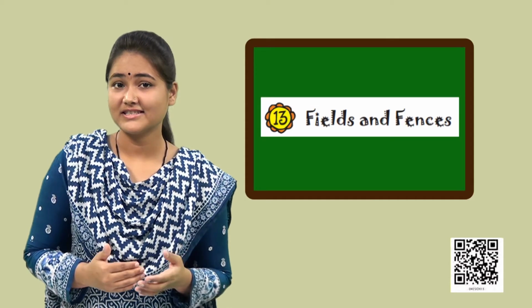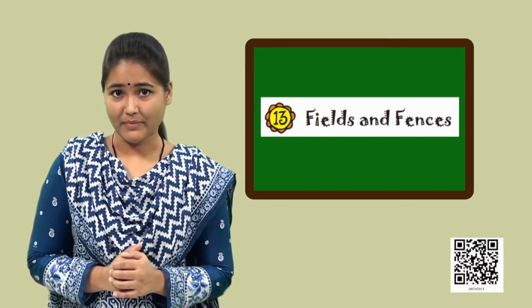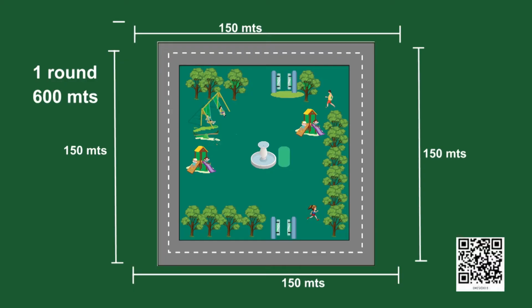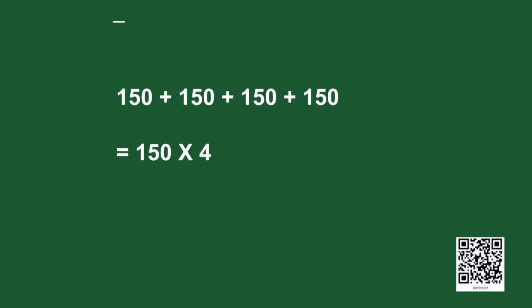As he covers one complete round of the park, how much distance will he walk? Yes, it is 150 plus 150 plus 150 plus 150. Here 150 is added 4 times, which is equal to multiplying 150 with 4.